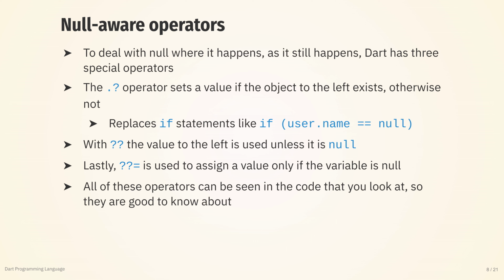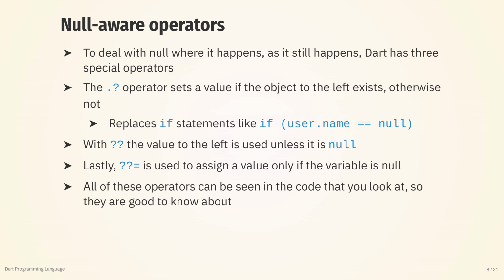But to make coding as safe as possible, Dart has a number of null-aware operators. So whenever we could potentially work with null, and the compiler will tell you when you have null unsafe code somewhere, then you will need to add these special null-aware operators, like the dot question mark, that sets a value if the object to the left exists, otherwise not.